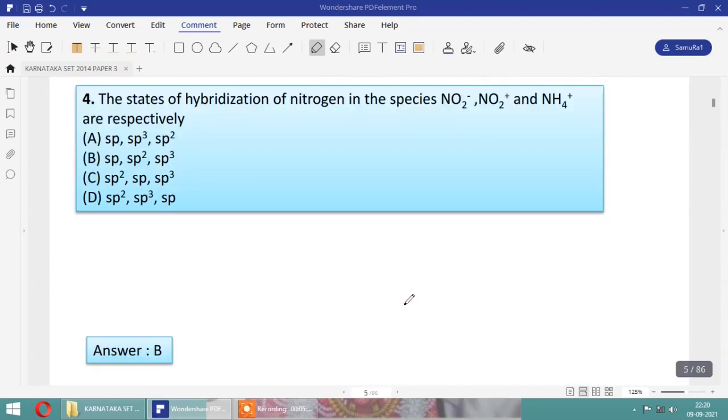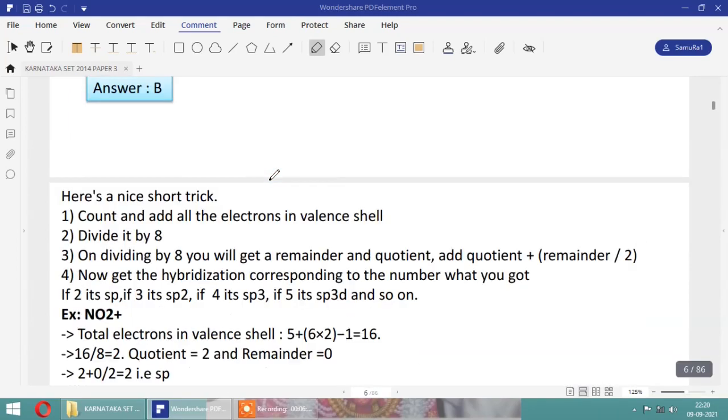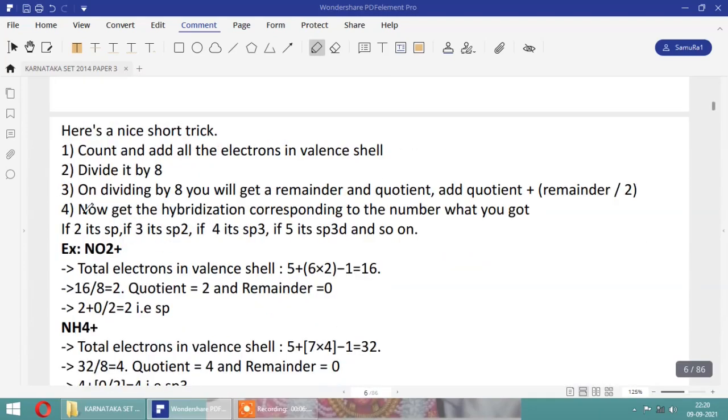Answer is D. The states of hybridization of nitrogen in the species NO2 minus, NO2 plus and NH4 plus. The series of hybridizations was given. You will see this question. Here first you count all the valence electrons in the shell and divide by 8.